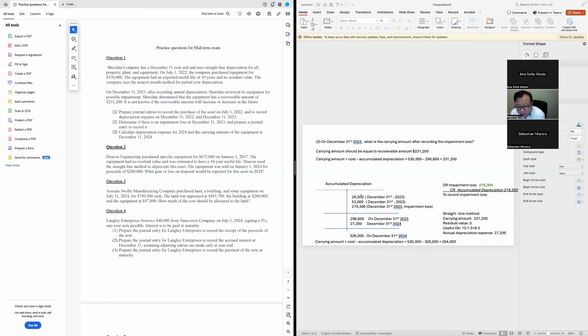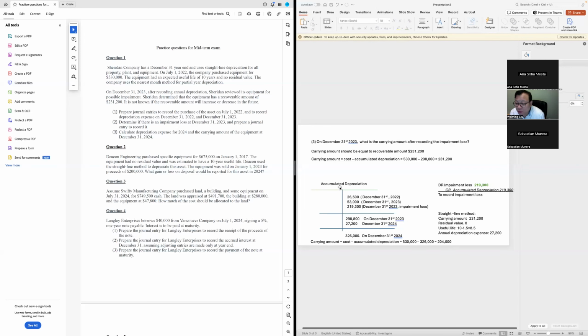You see the balance as of December 31st, 2023 is different from the balance as of December 31st, 2024, right? So if I'm able to use a T account to capture all the journal entries, it's very clear for me to know the account balance at a certain date. That is very useful, so we won't be confused, right?